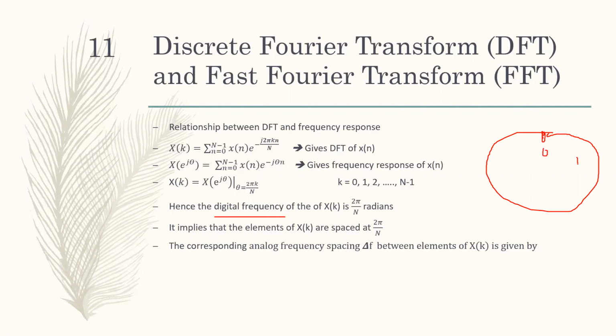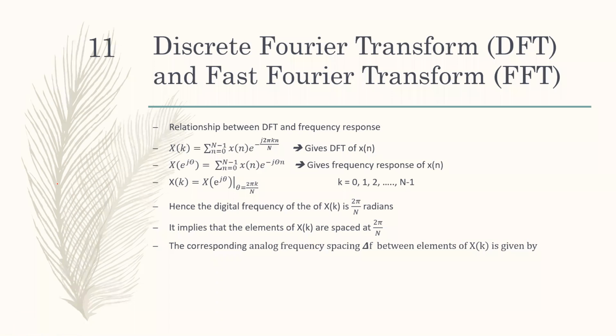The next element, at location 1, will be placed at some angle over here, which is the second sample, then the third sample, the fourth, fifth, and so on up to, say, 8 samples, all placed at the digital frequency spacing with respect to each other. That is, they are spaced at 2 pi by N.